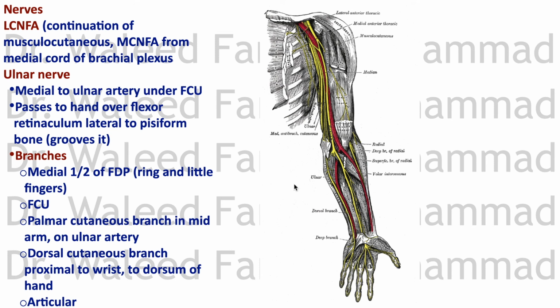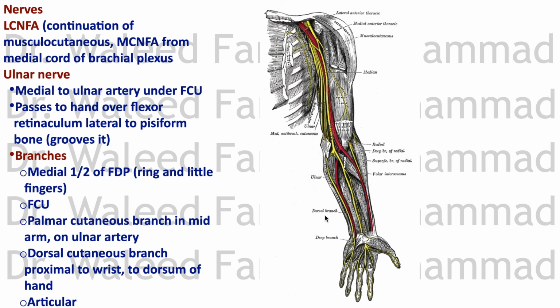The ulnar nerve gives a palmar cutaneous branch in the middle of the forearm, on the ulnar artery, in the middle of the forearm, not the arm, and the dorsal cutaneous branch right before the wrist. It goes back to the dorsum of the hand. These supply the dorsum and palm of the hand, not the fingers.